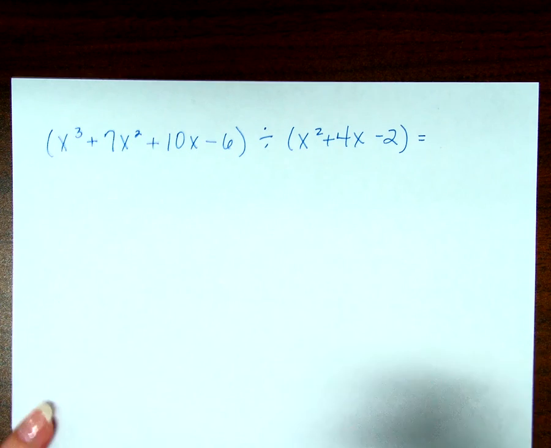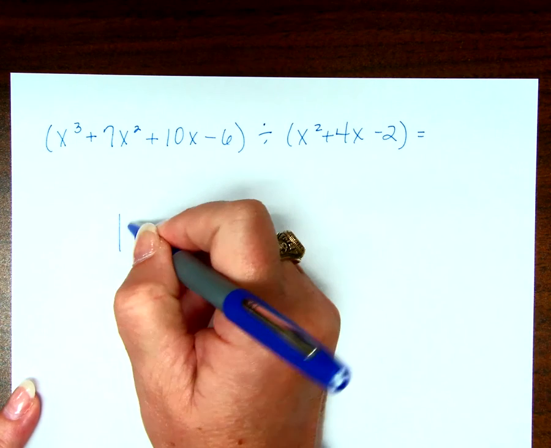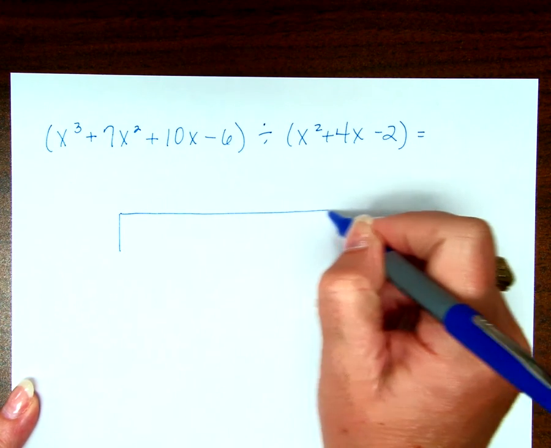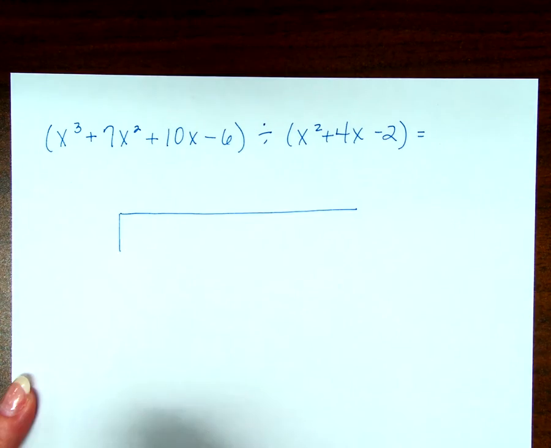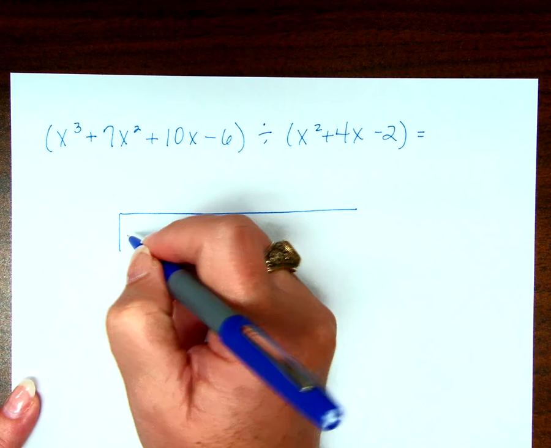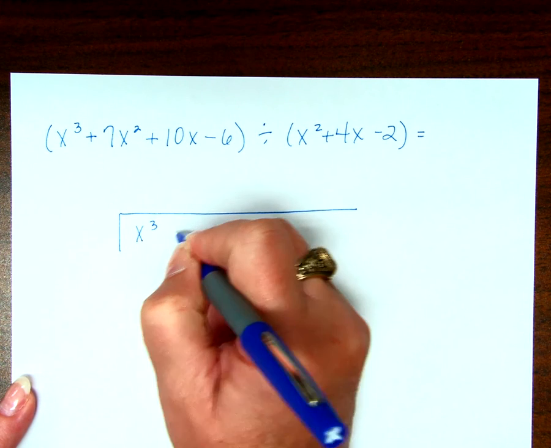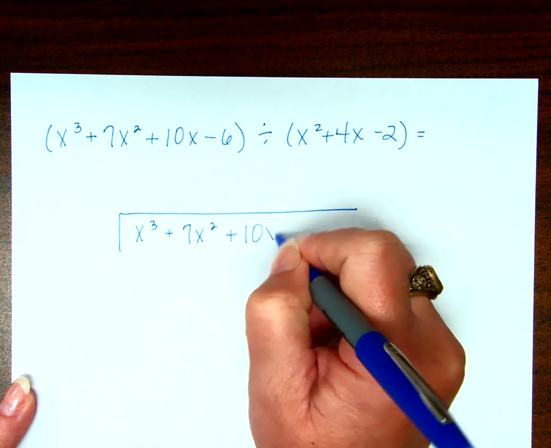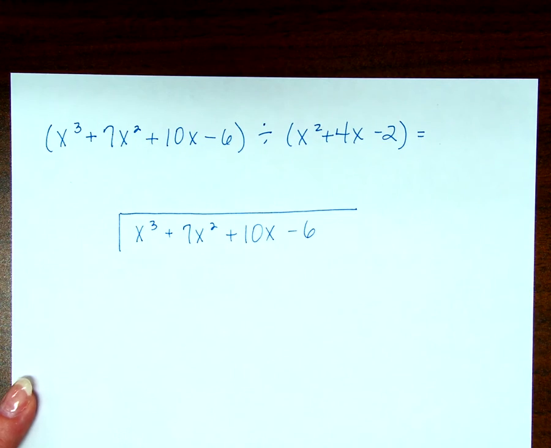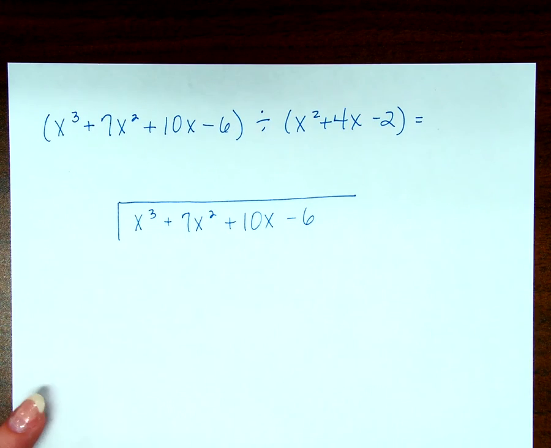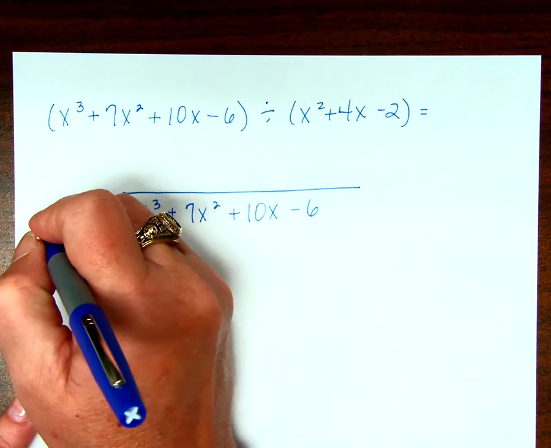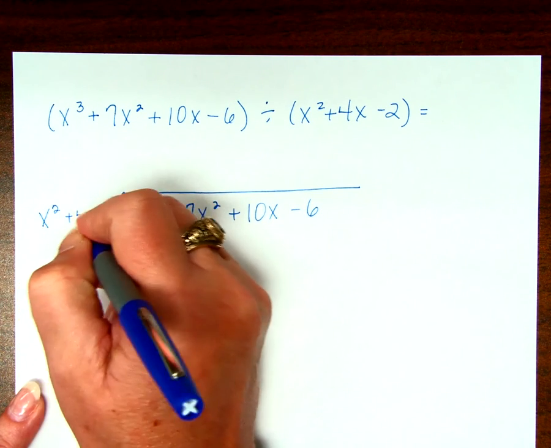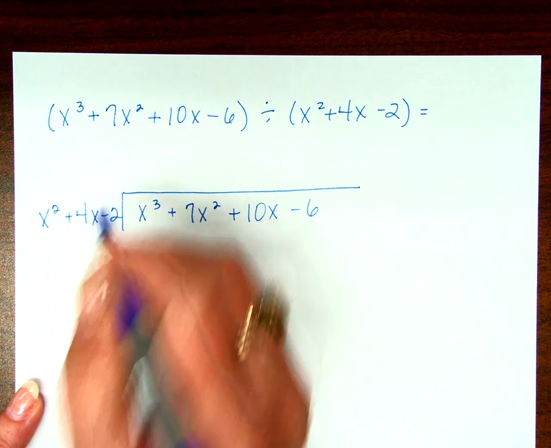All right, what goes where? Okay, inside. All right, x cubed plus 7x squared plus 10x minus 6. Okay, x squared plus 4x minus 2.